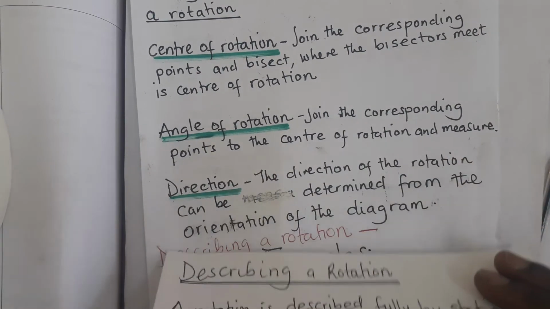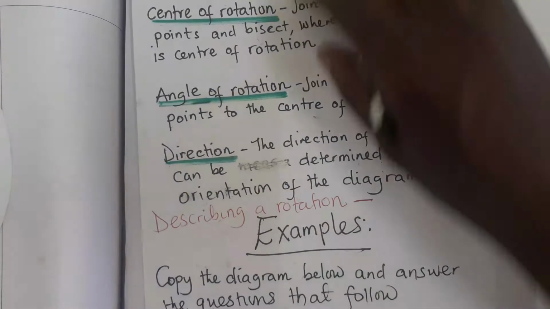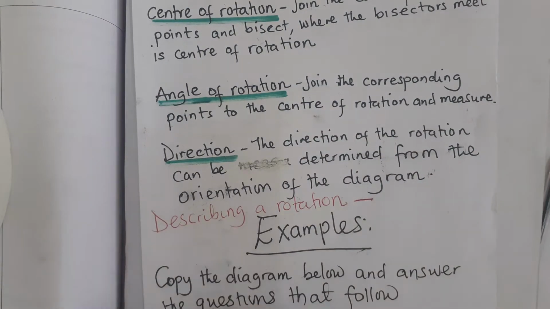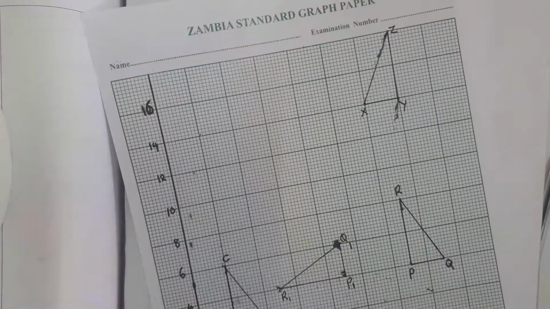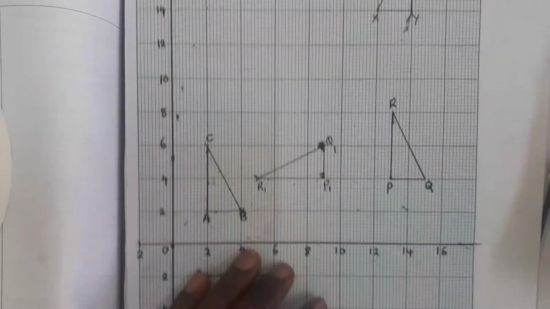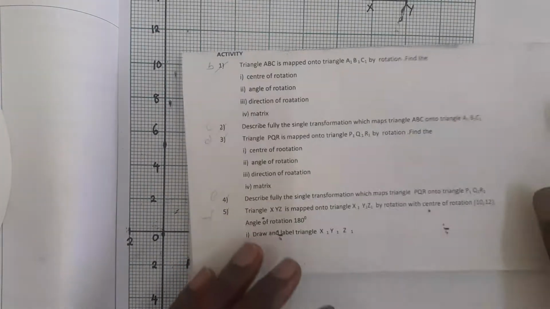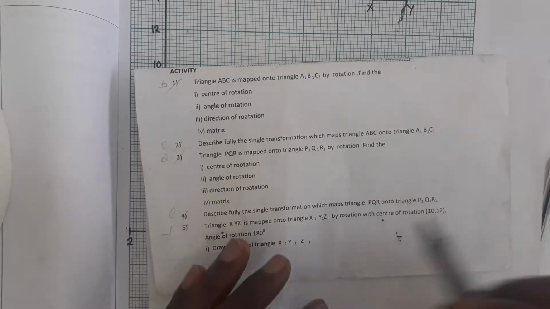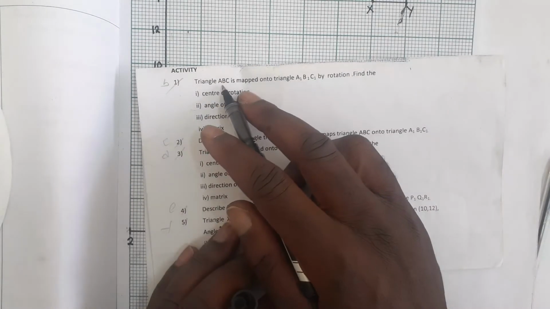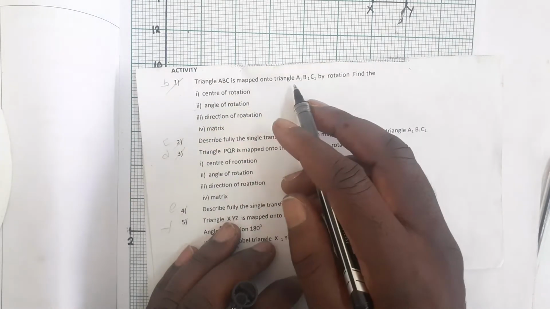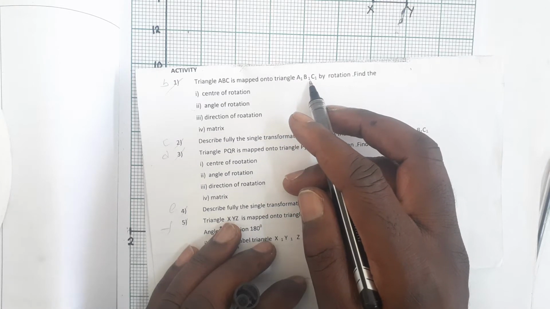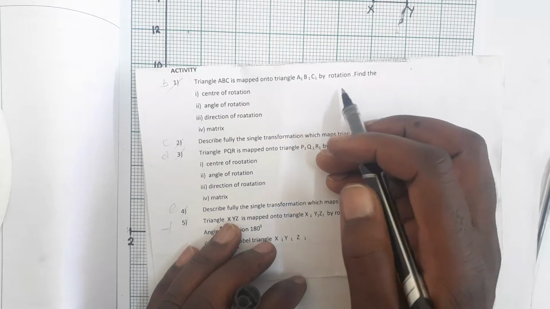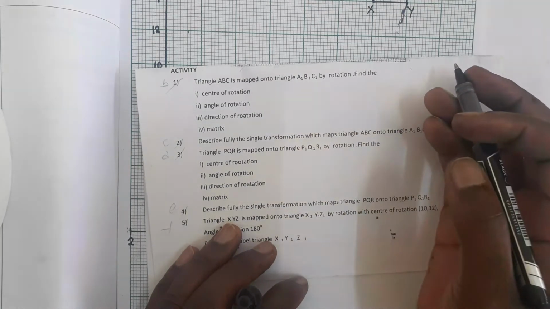So I've told you that you write these notes, then the example, and then the question. So let's deal with the questions now. Here, triangle ABC is mapped onto A1, B1, C1 by rotation.